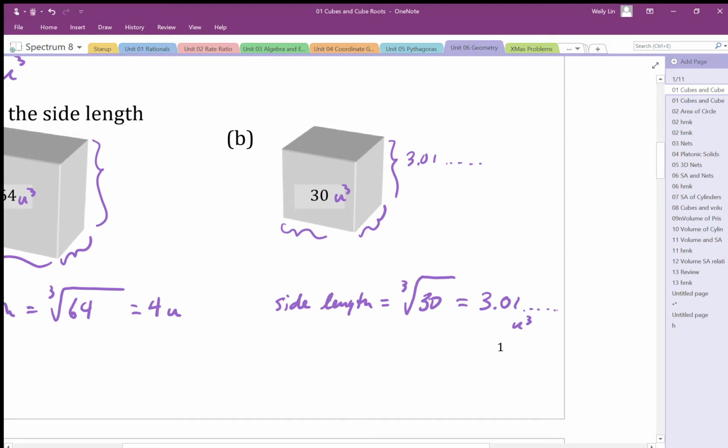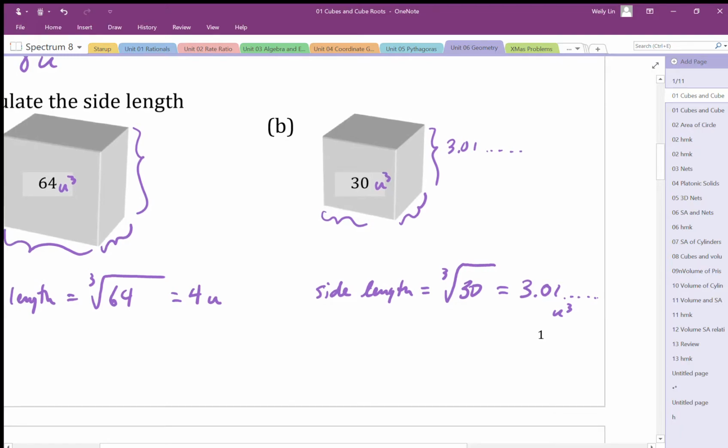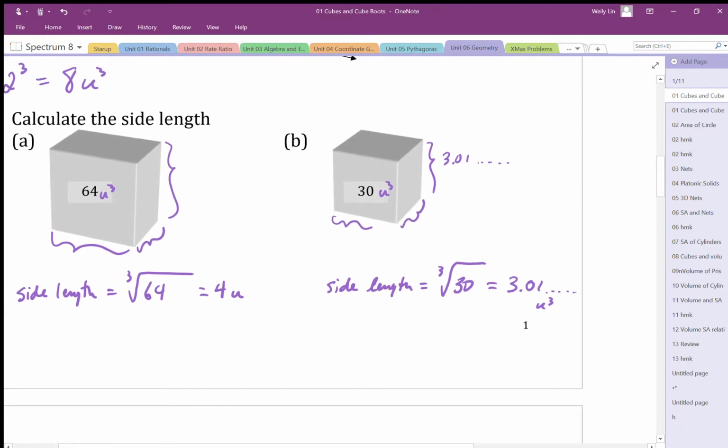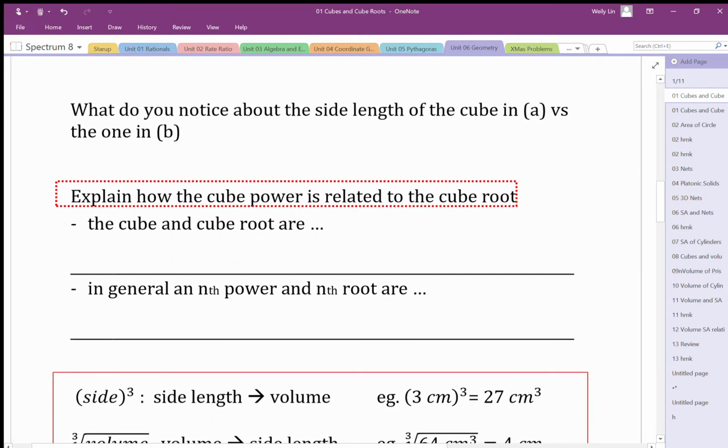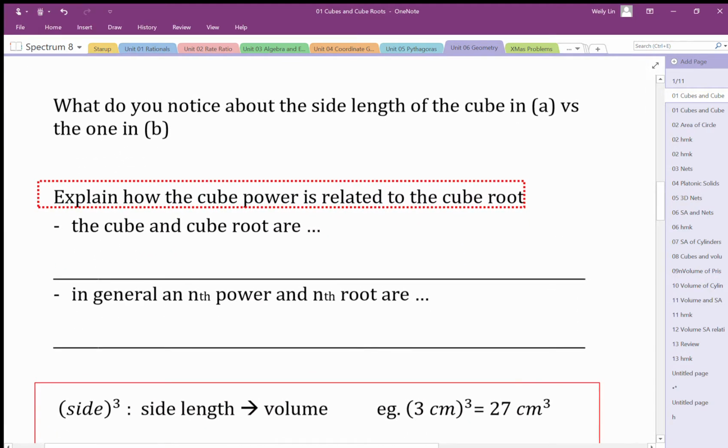That is an infinite decimal that does not repeat. So that happens to be an irrational number. So we'll talk about that a little bit later as well. So in general then, if you take a look at the length side of cube A versus cube B, the side length of cube B is not rational.